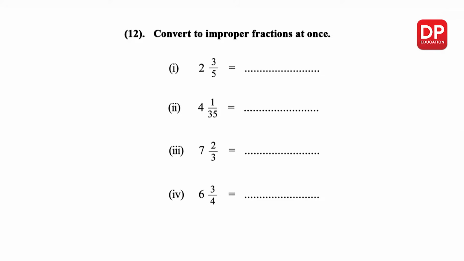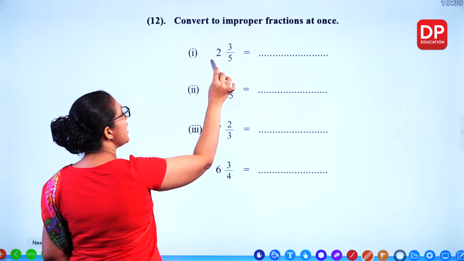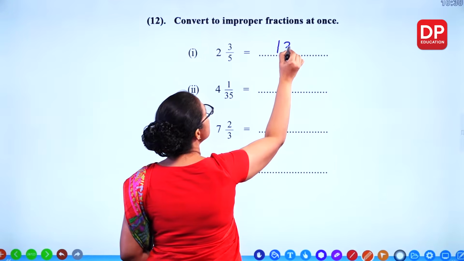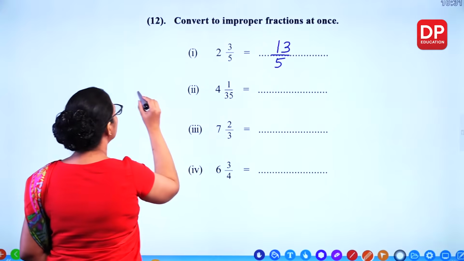Convert to improper fractions at once. Now we know the method. At once we'll do without writing. 5 times 2, 10. 10 plus 3, 13. 35 times 4.